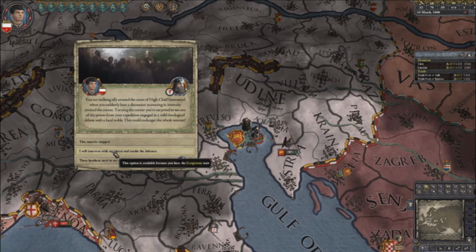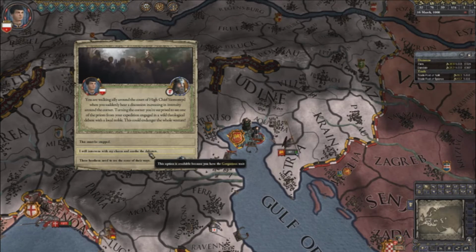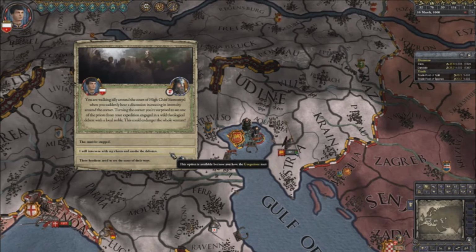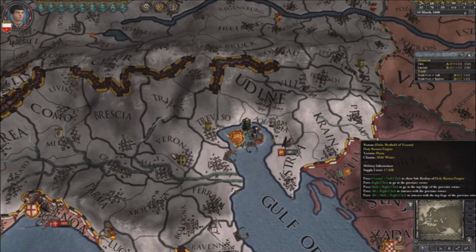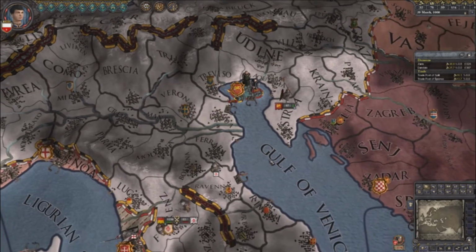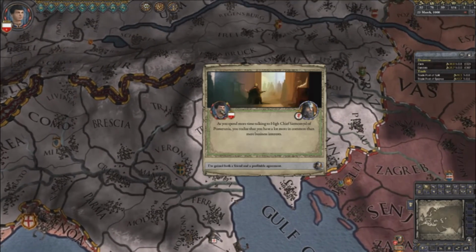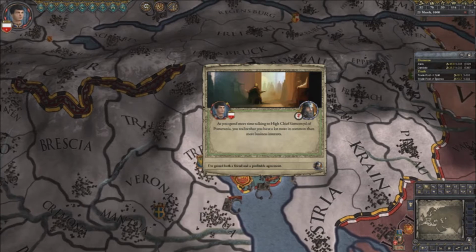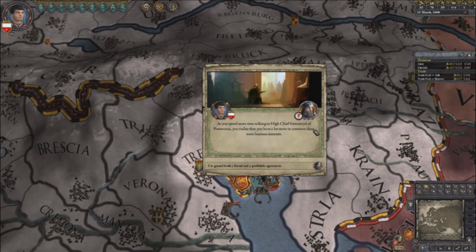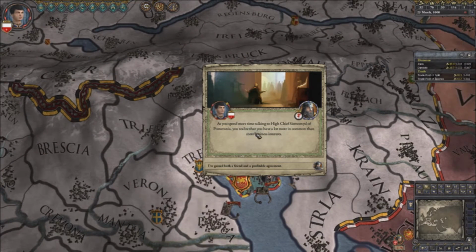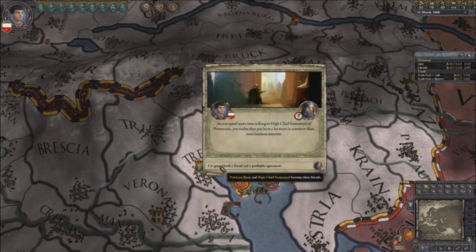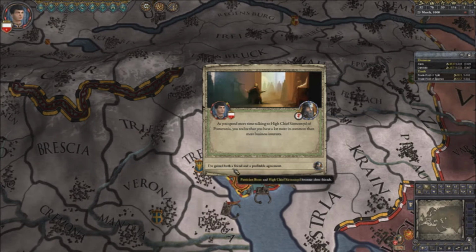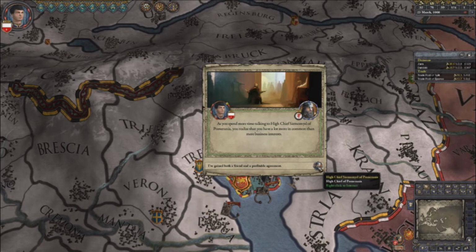Let's see. I will intervene with my charm and soothe the debaters. We are gregarious, and we will use that. Here's to hoping we succeed at that. As we spend more time talking to the High Chief of Pomerania, we realize we have a lot more in common than mere business interests. And I have gained both a friend and a profitable agreement.